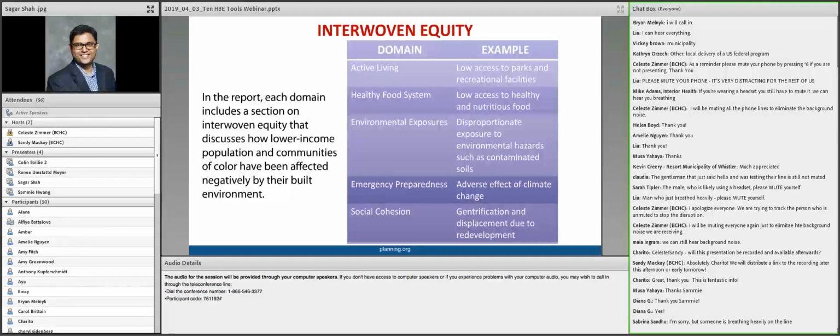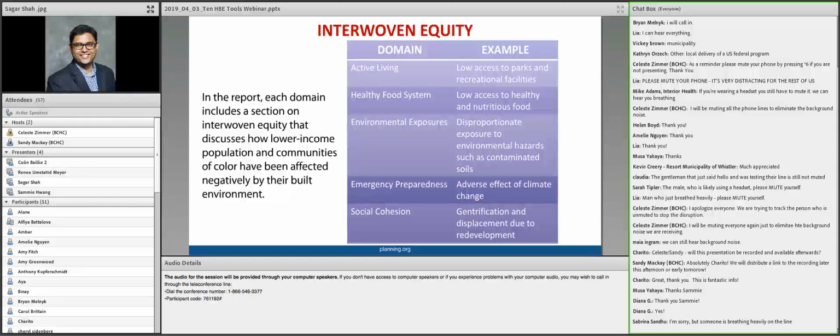A unique part of this toolkit, or the work we did, was talking about equity. I will spend a little bit of time on this slide and then go fast through the other slides, because I think most of you know this. For each domain in this report, we define what the domain means.